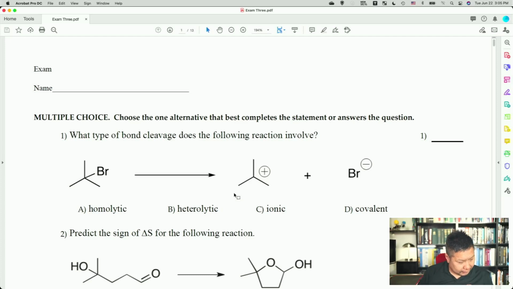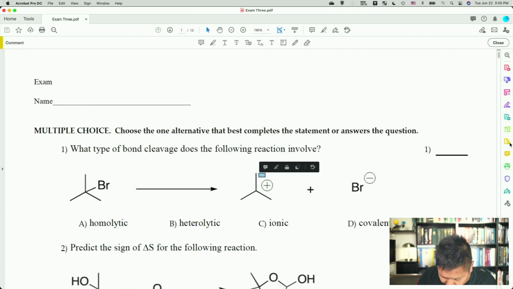So the first question is what type of bond cleavage does the following reaction involve? We've got a cation there, and I forgot to change it to making comments here, drawings. Let me do that real quick.